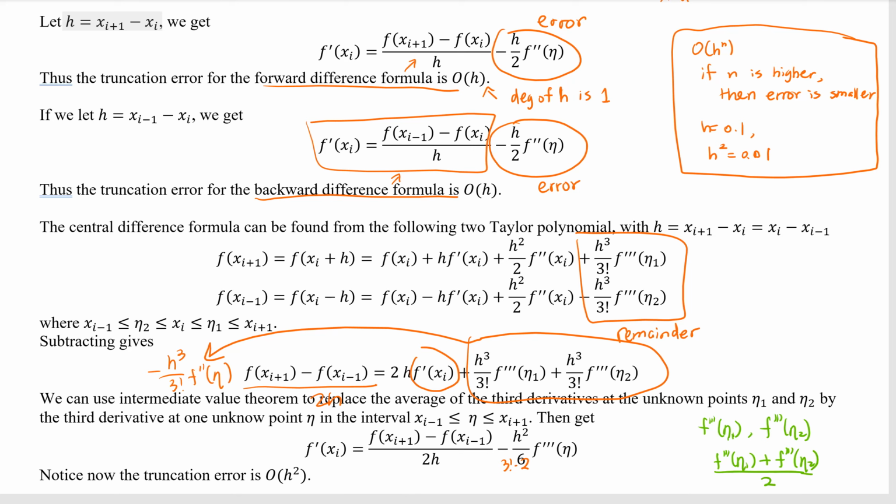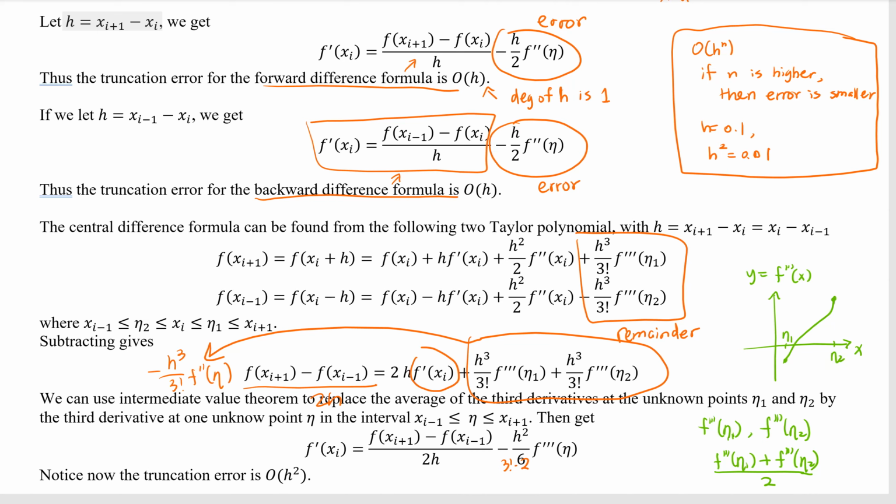This is the average of them, right? The intermediate value theorem tells us that if we have two points, let's say this is x, and this function y equals the triple derivative of x, here we have eta 1, here we have eta 2.